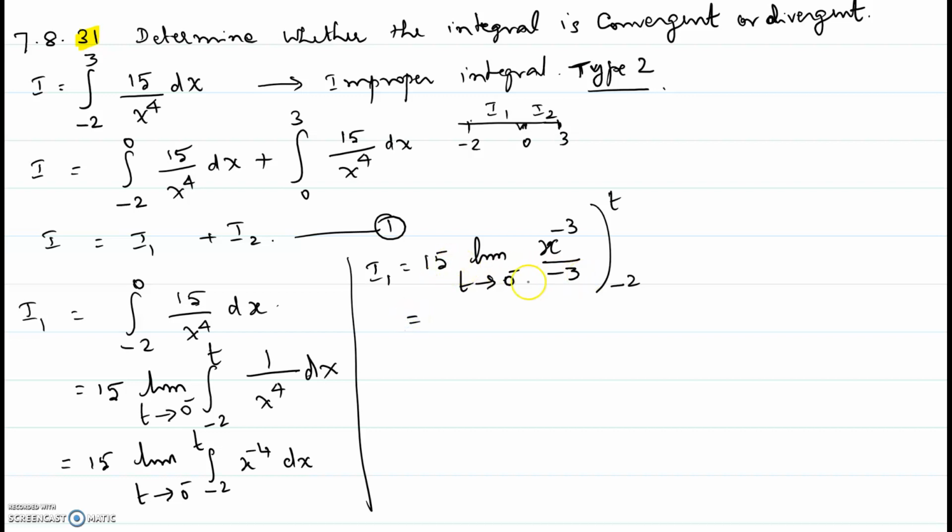So 15 over -3 will be -5. Now the limit as t approaches 0 from the left, we'll have t to the -3, minus (-2) to the power of -3.